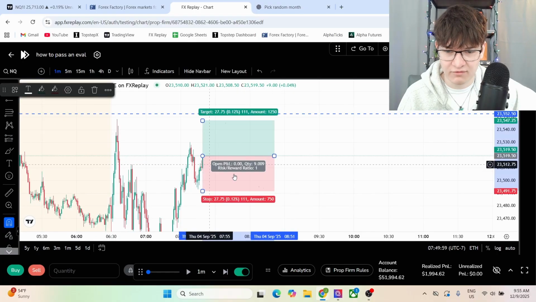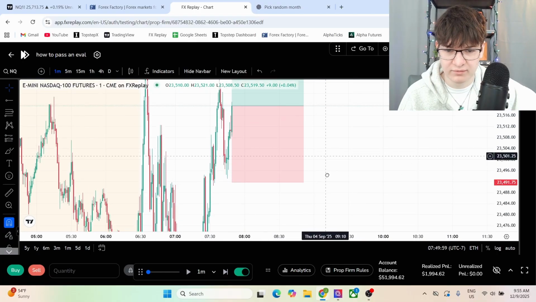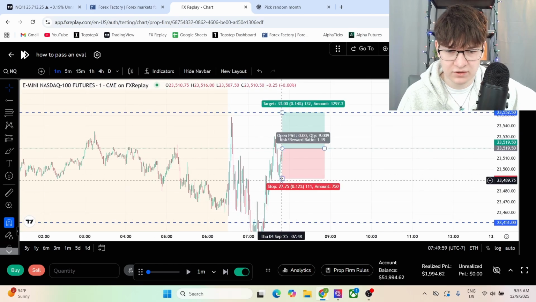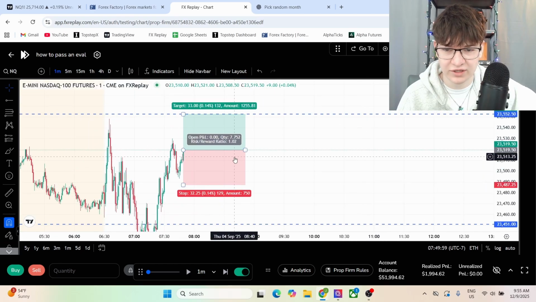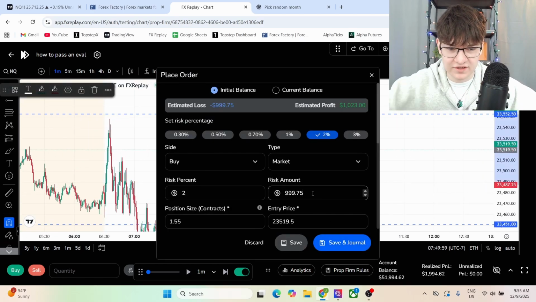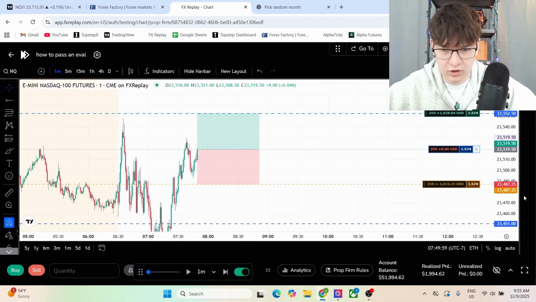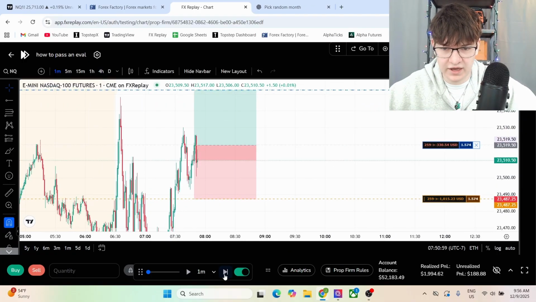Again, for my regular model, this is already a decent trade, but we're just going to be putting a fat stop loss here, and with a one-to-one, hopefully this just hits and we can call it here. We're going to make sure we risk enough. I think we need like $1,010 or something. So hold on. I don't know why it's... There we go. It's being weird, but yeah. Okay. Hopefully this is enough and this hits the high and we're done.